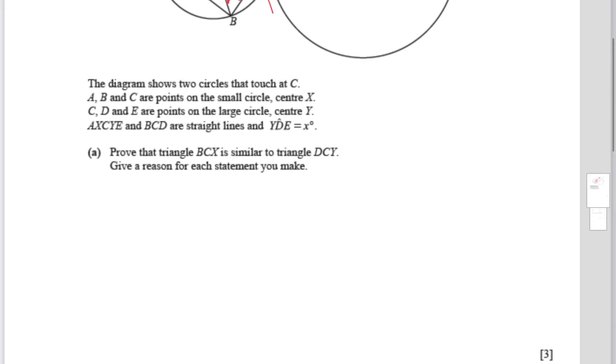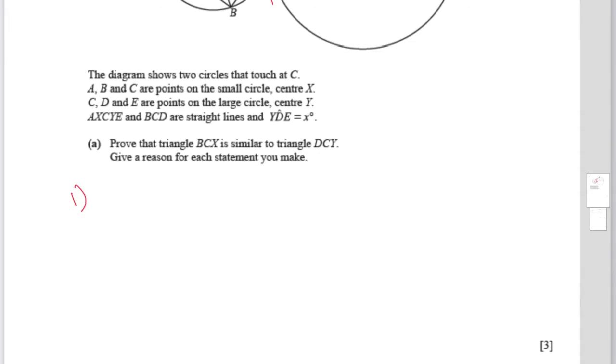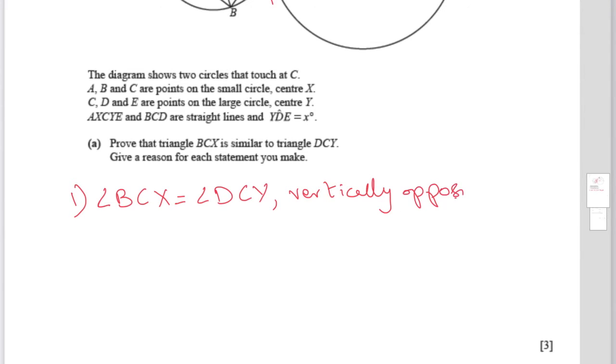Let's write them down. The first one is that angle BCX is equal to angle DCY. Why? Because they are vertically opposite angles.